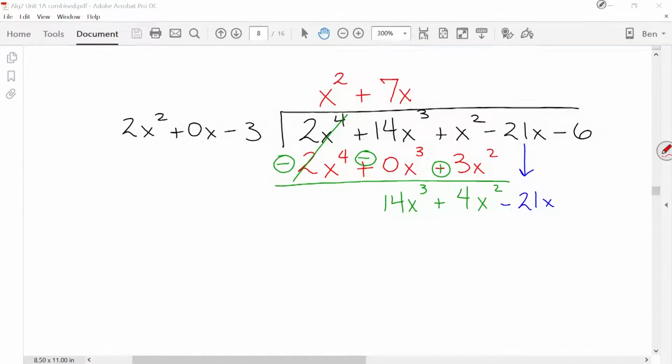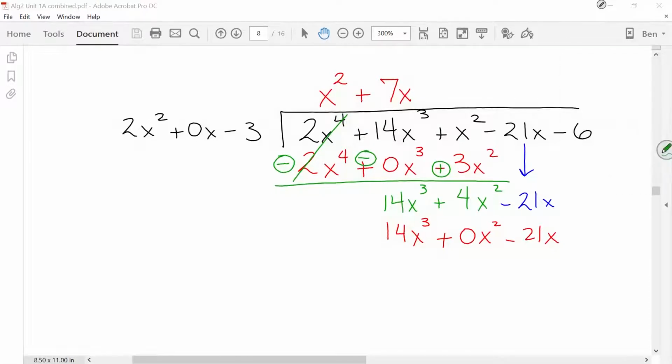So now I will multiply 7x times everything in the divisor. 7x times 2x squared is 14x cubed. And 7x times 0x, well, 0 times anything is 0, but for organization purposes, I will keep my variables: x times x is x squared. And 7x times negative 3 is a negative 21x.